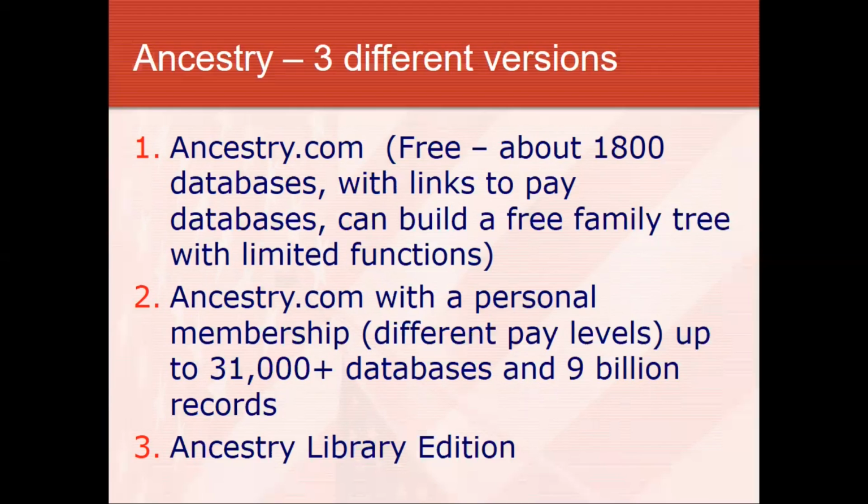Then there's Ancestry.com, where you have a personal membership where you pay a certain fee level by the month or by the 6th month. And that has over 31,000 databases and 9 billion records. And then you have Ancestry Library Edition.